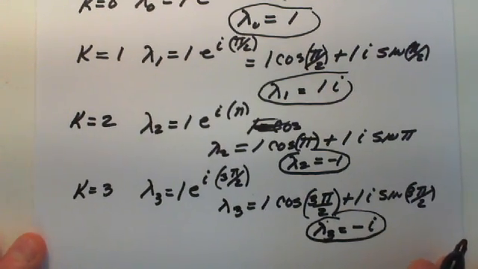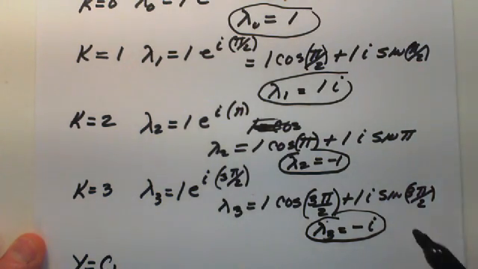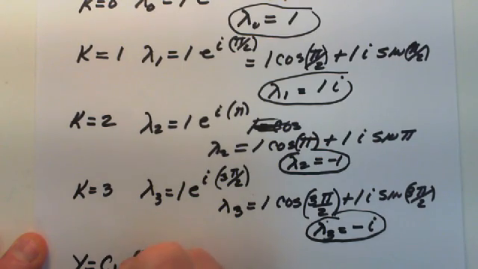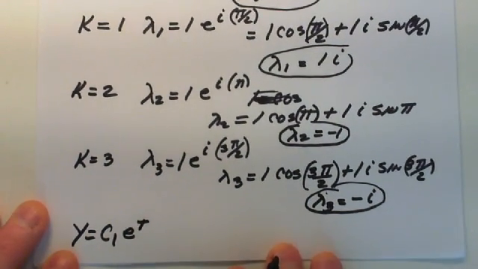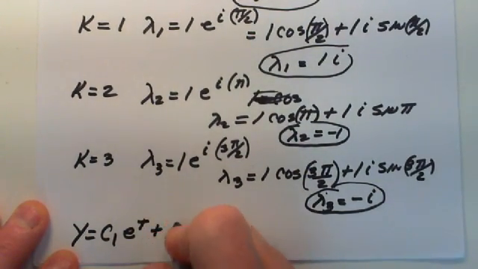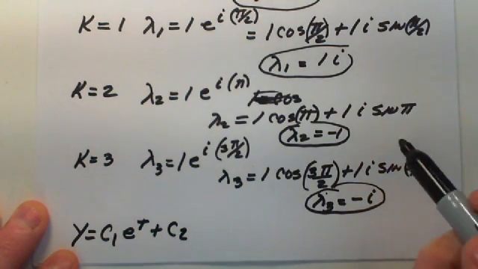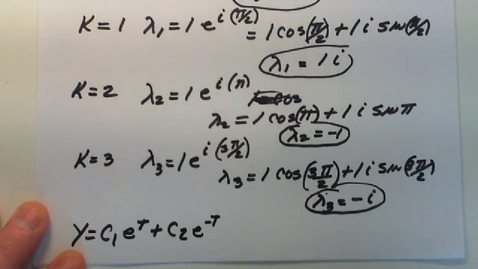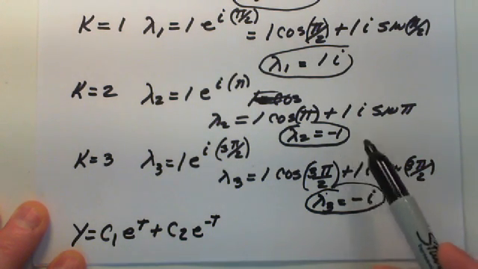So now, just to write that as our solution, we'll have y is equal to c1. We'll go ahead and use our 1 first. That'll be e to the t power. Plus c2. We'll go ahead and do the negative 1 of e to the negative t. Alright, and then we got plus or minus i.